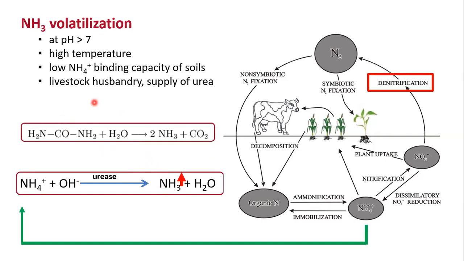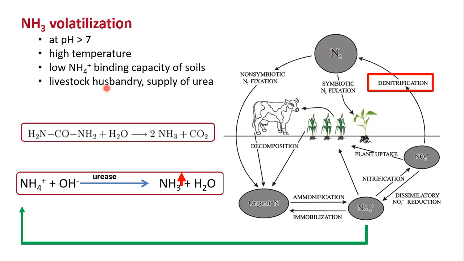So another loss which we have from this ammonium is in the form of ammonium volatilization. If we have high pH especially and high temperature, and you have low binding capacity in the soil, meaning your soil is rich with ions, especially if we have calcareous soil, most of the negative sites are already filled.